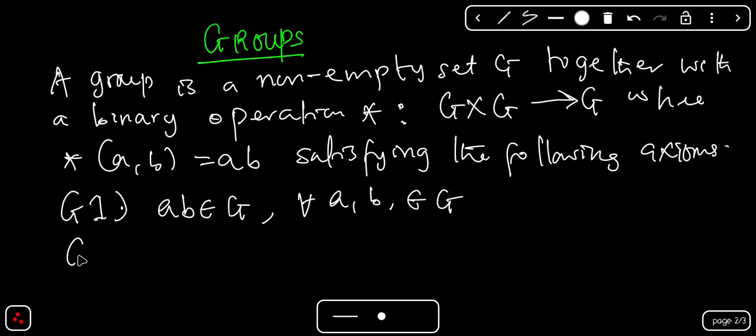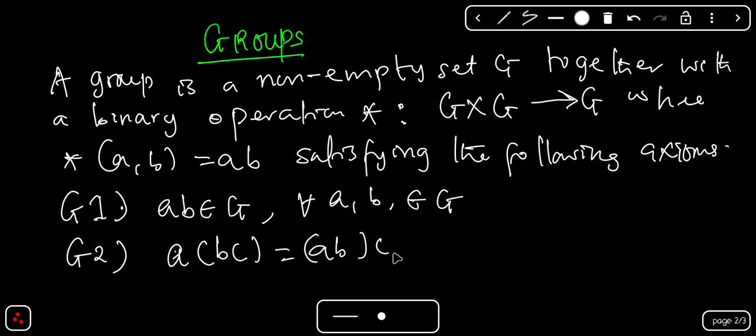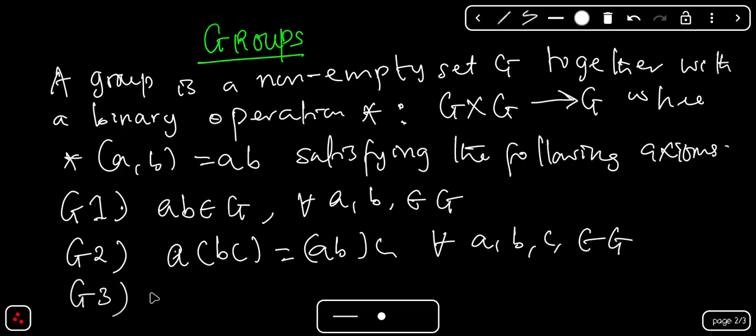The second rule that must be satisfied is the associative property. That is, A times BC must be equal to AB times C, for all A, comma B, comma C in G. The third rule that must be satisfied for an algebraic structure to be a group is that there must be an existence of the identity element.